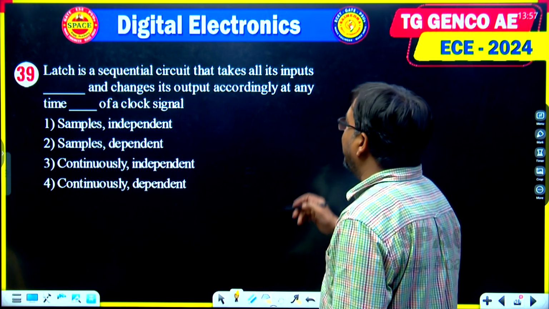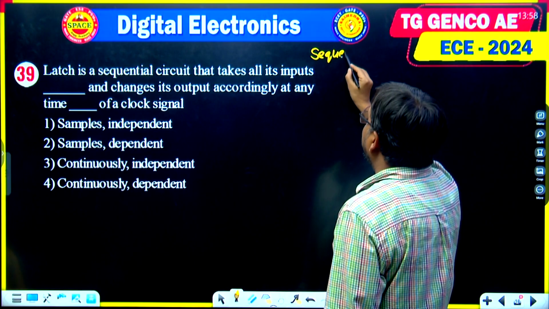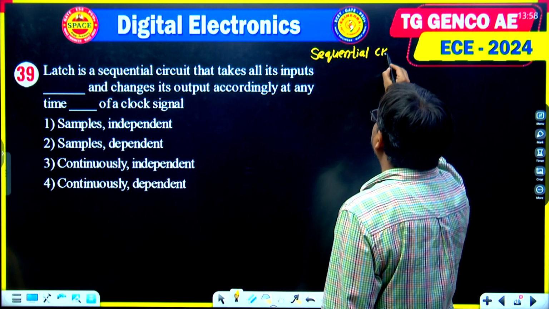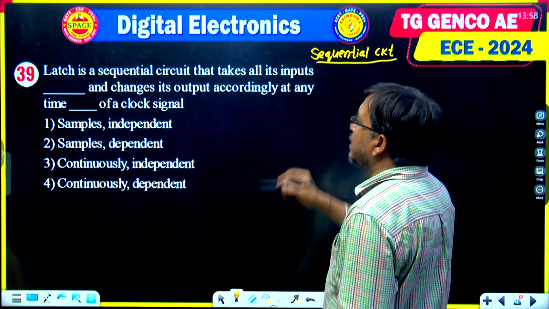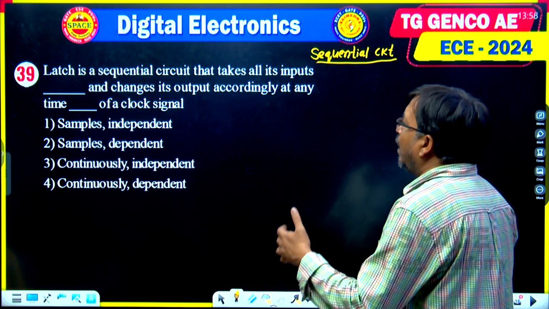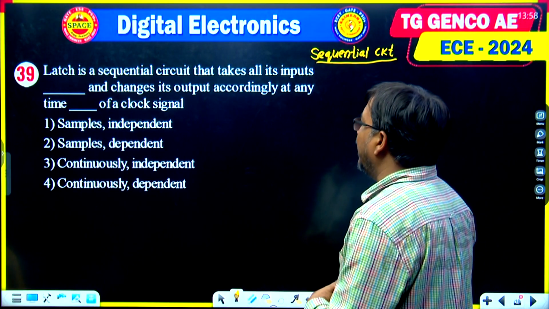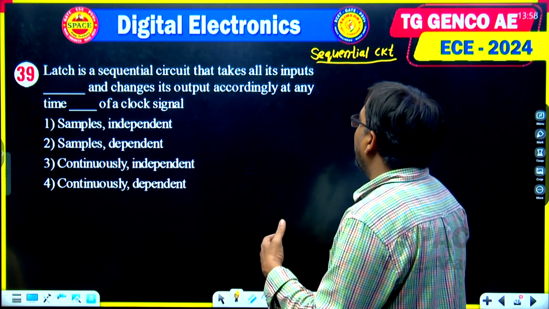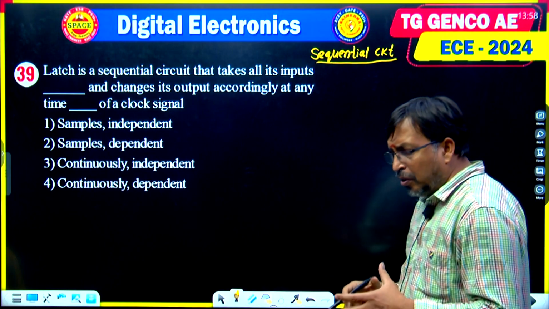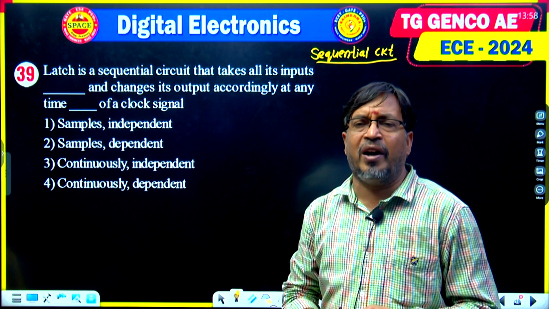Students, question number 39. This is also a sequential circuit question. Latch is a sequential circuit that takes all its inputs dash and changes its output accordingly at any time of dash of clock signal. We know from the introduction to sequential circuits the difference between latch and flip-flop.